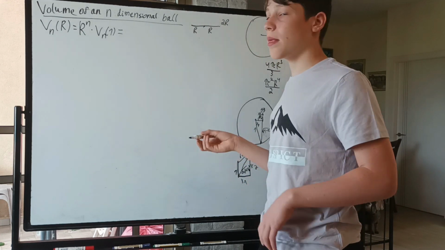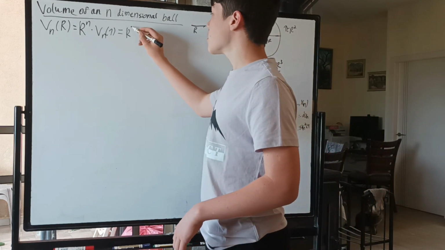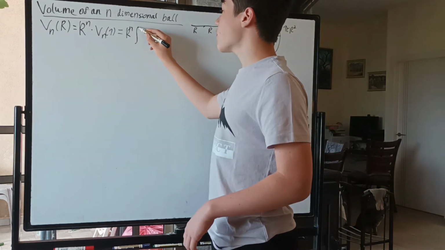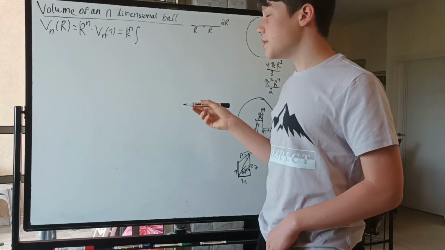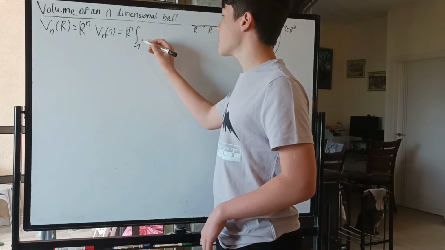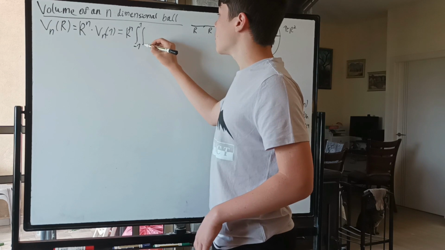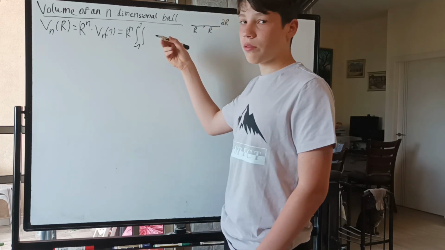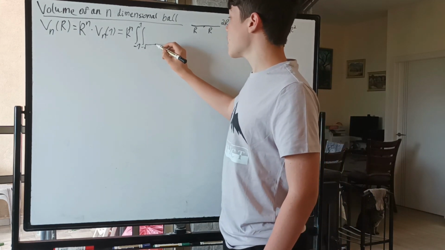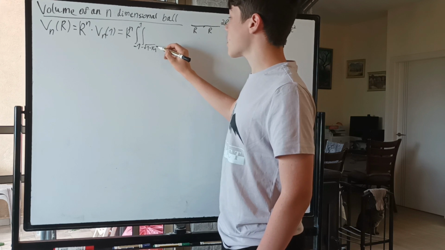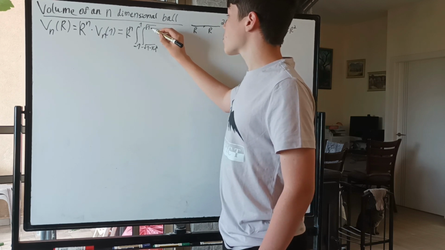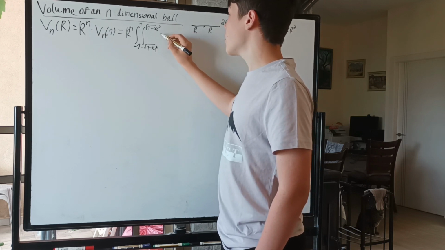And now let's do it with Vn(1). We just worked out what the bounds for the integrals are. This is r to the n. And now, first of all, the integral of dx1. It's from -1 to 1. Next is the integral of dx2. It's negative square root of 1 minus x1 squared to positive square root of 1 minus x1 squared.